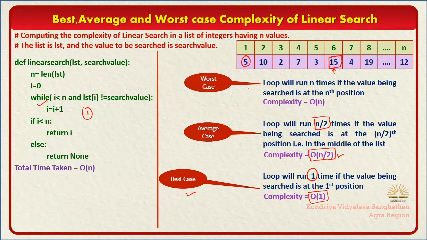And in worst case the item either will not be in the list or it will be at the end of the list. In both the cases, the loop will run for n times. This is the complexity order of n. So this is the worst case complexity of linear search.